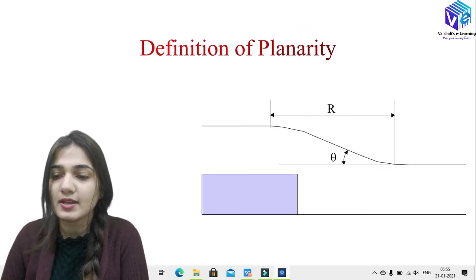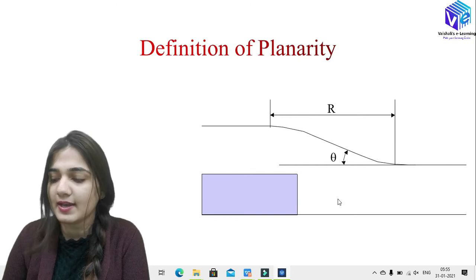This is my structure of the IC and this is the layer that I have deposited, right? Here theta is the angle by which the upper layer and the lower layer change in height. So this is the slope denoted by theta, and r is the distance between the upper level and the lower level, right? So this is how I can define the planarity.